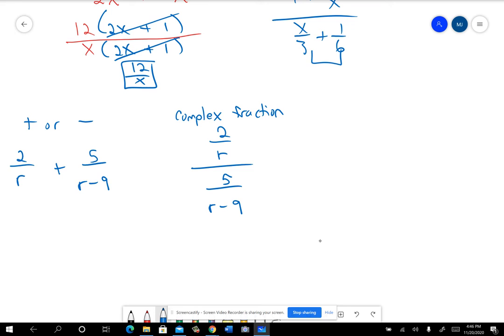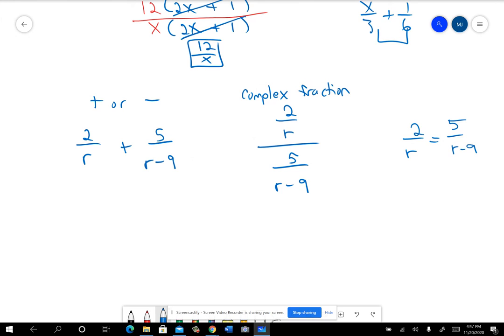Or you might have a problem where you've got an equation. Maybe you have something like 2r equals 5 over r minus 9, something like that. And that's a rational equation. And you're trying to solve it.